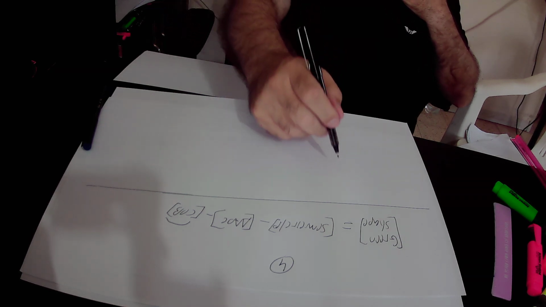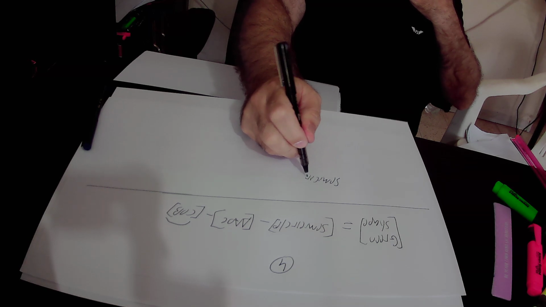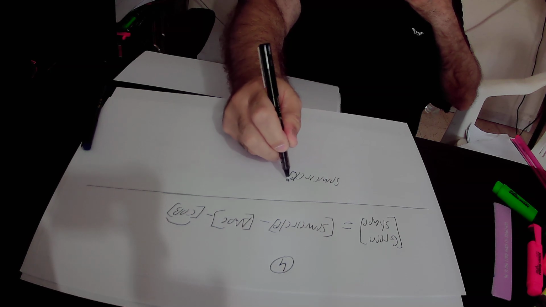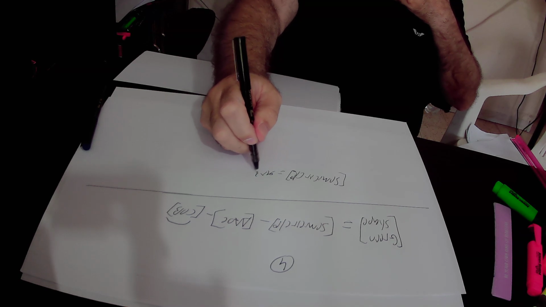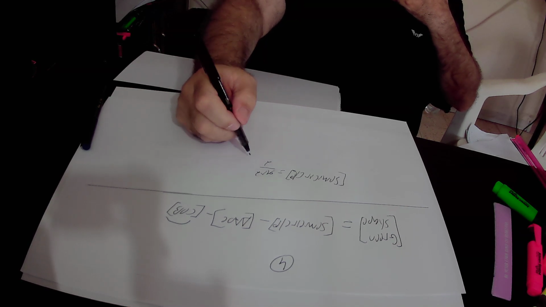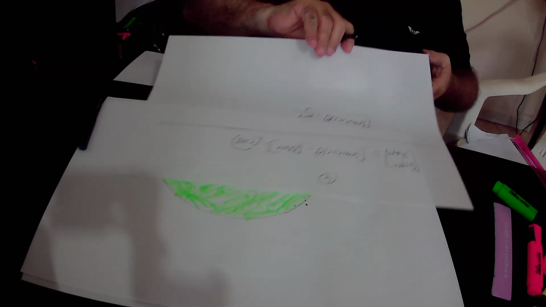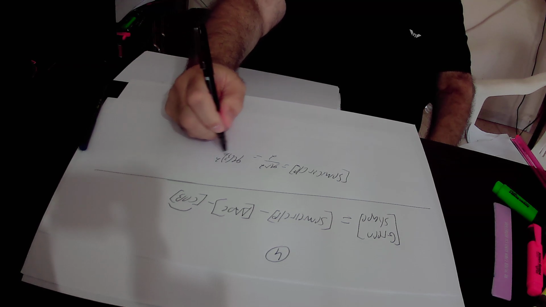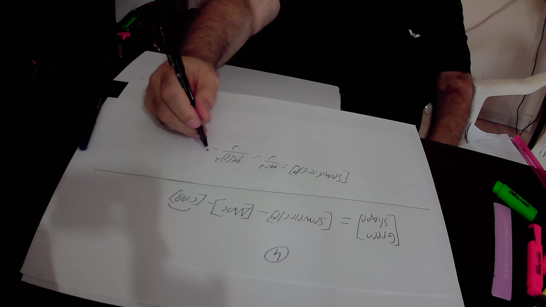So what is the area of the semicircle? The area of the semicircle equals the area of the circle, that is pi r square, over 2. We know that r equals 3 units, therefore it is pi times 3 square over 2. 3 square is 9, so in total this expression equals 9 pi over 2.